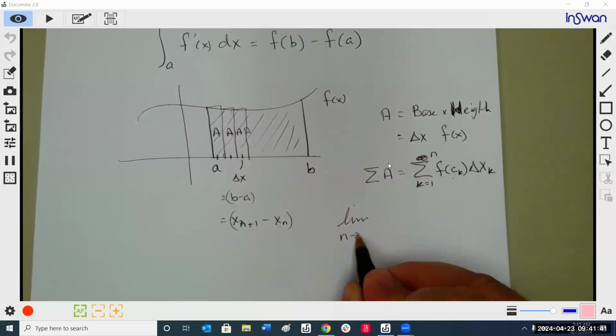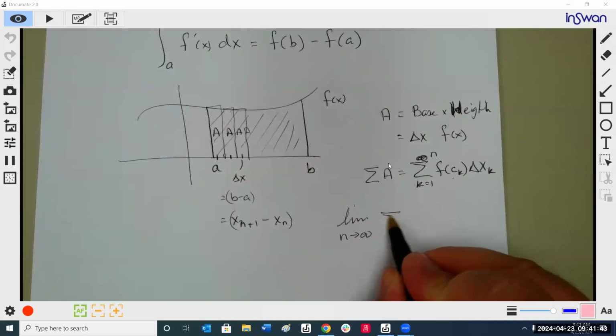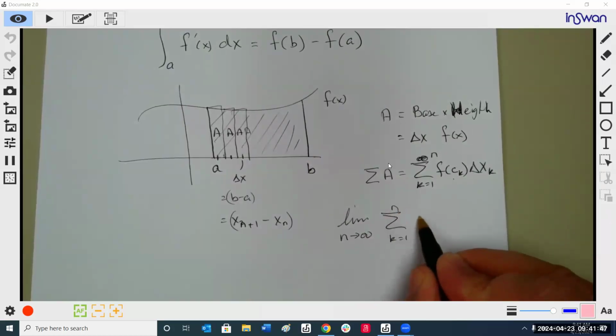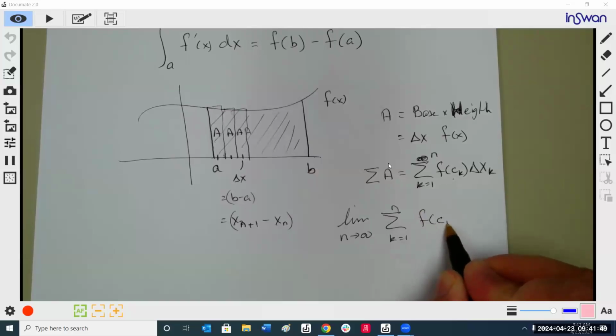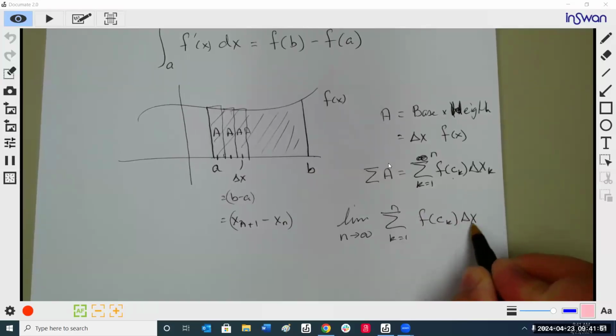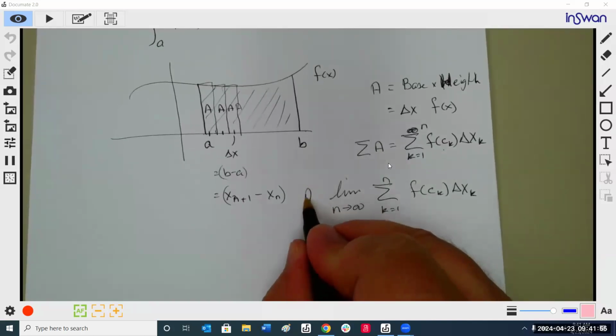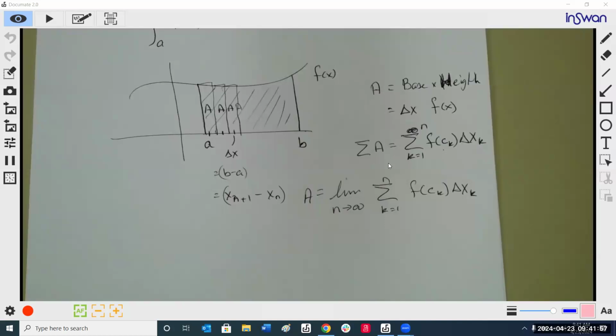As n goes to infinity of the summation of our function, this is our area. Have we seen that before? That's the Riemann sum.